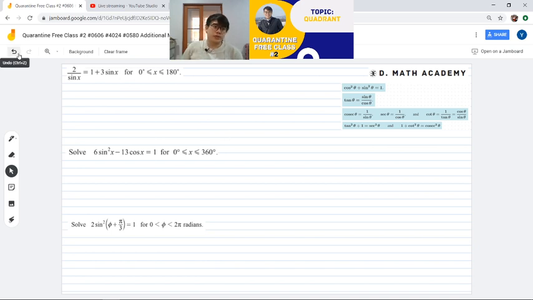Okay, so for here, I will cover the first question first. Okay, we have 2 over sine x equals to 1 plus 3 sine x. So this one is pretty straightforward. All you need to do is to multiply the sine x to the other side.